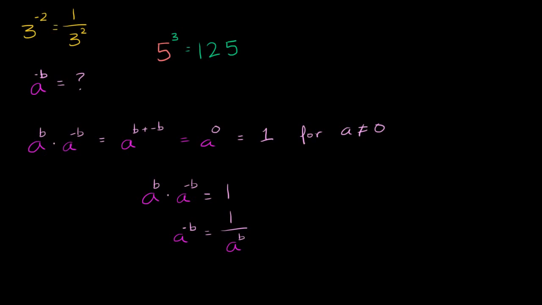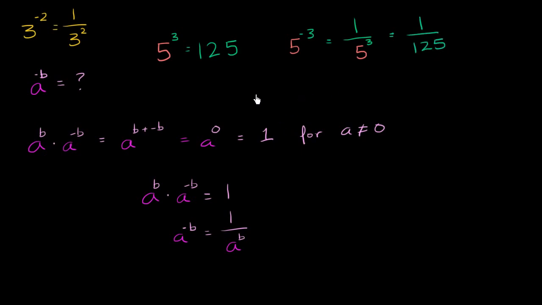Now, what should 5 to the negative 3 power be? I encourage you to pause this video and think about this before I tell you. Use what I just told you. Well, I assume you've paused the video. So this is going to be equal to 1 over 5 to the positive 3 power, which is equal to 1 over 125.